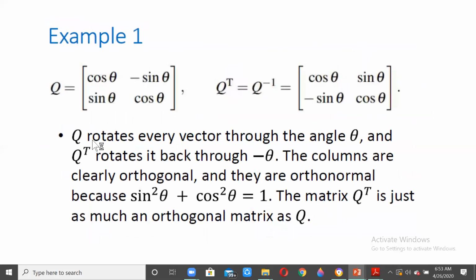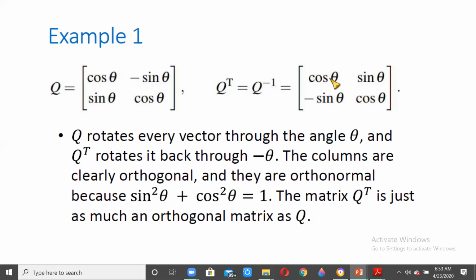An example can be considered like this, wherein we are taking an orthogonal matrix, which is a square matrix. Q is equal to cos theta, minus sin theta, sin theta, cos theta, this matrix over here. Then the Q transpose of this is the same thing as the Q inverse of this, which will turn out to be cos theta, sin theta, minus sin theta, cos theta.